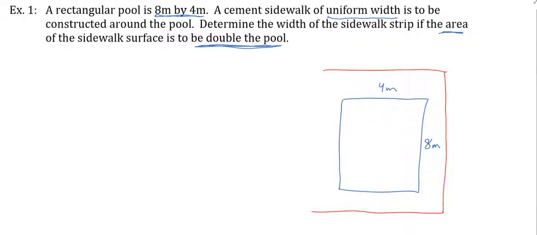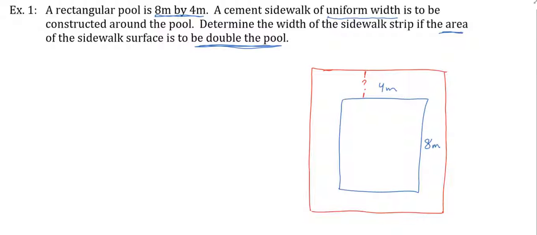What's important is that I understand that the width is the same on all sides. And that's what it's asking us to find. So it's asking us to find this width.